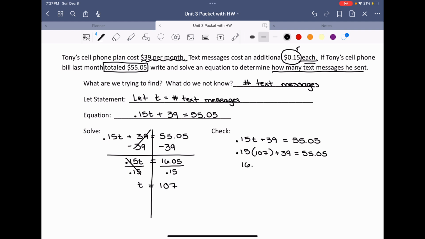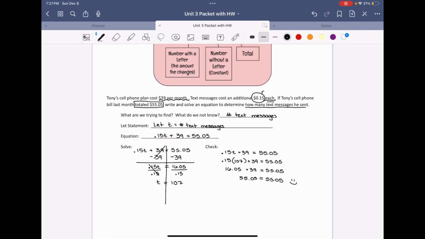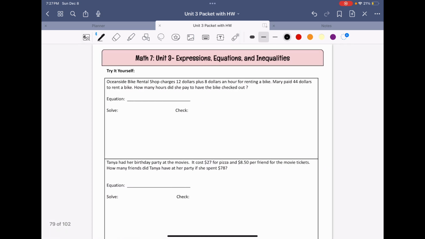Let's just make sure we get the same thing on both sides. And we get the same thing, so it checks. Alrighty, let's go to the next one.